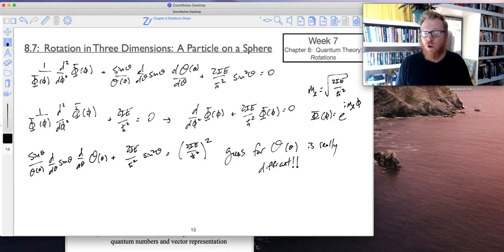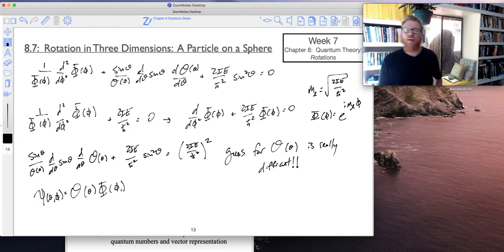But the important thing to note is our phi still has this e to the i ml phi dependence, okay? And so when we go to guess for theta, and then we plug our guess solutions back into this equation, right?